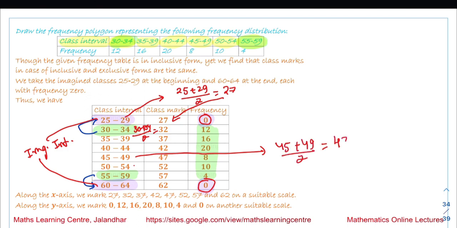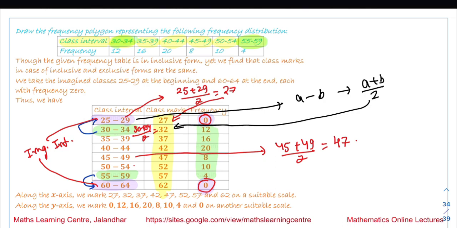The answer I will get is 47. So this is how these class marks are calculated. They are calculated using the formula that if the intervals are of the form A to B, then the class mark is A plus B by 2. These are the values of class marks that we have.